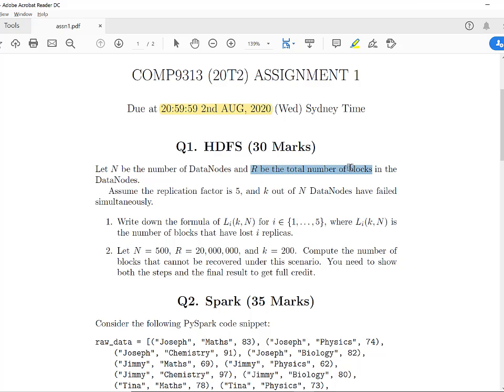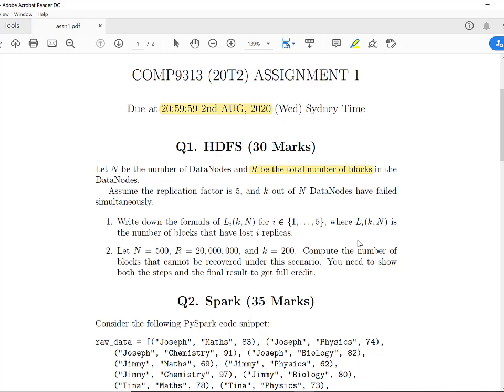Here, when we say R is the total number of blocks, there are indeed two different interpretations of this R. One is to take R as the total number of blocks, and the other is to take R as the total number of block replicates.